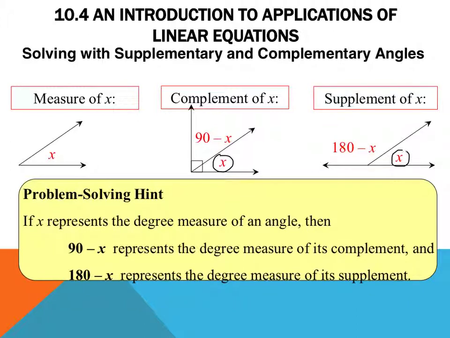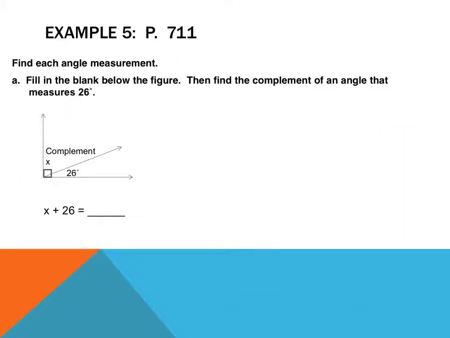If you know x, to find the other angle, you subtract it from 180. So when you see these types of problems, remember 90 minus x represents the degree measure of a complement, and 180 minus x represents the degree measure of a supplement of an angle. We'll apply those definitions to example 5.